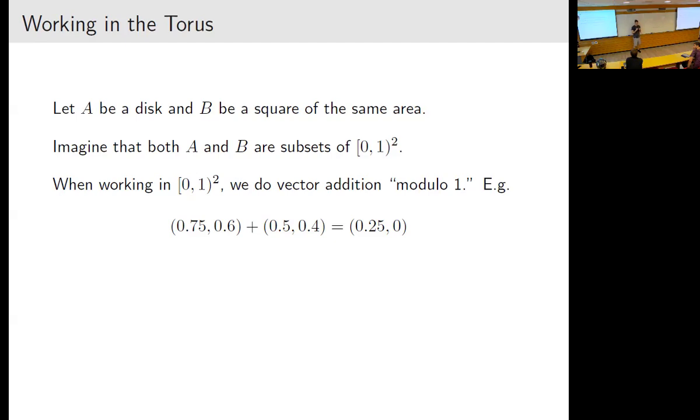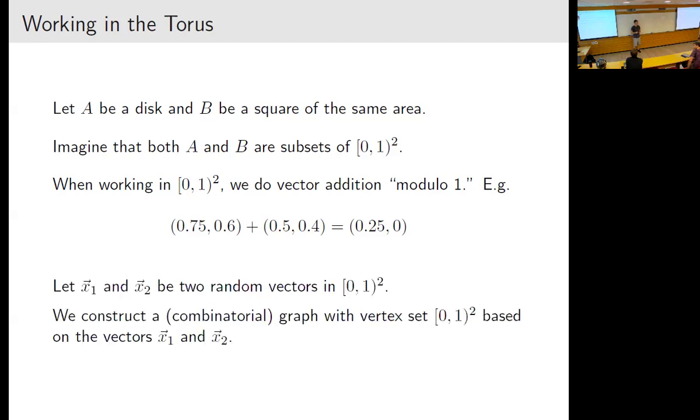So we're going to do things by translations. Here's what I'm going to do: I'm going to take two random vectors, uniformly at random, say this one and this one. The reason I'm choosing them at random is so that they don't have any weird algebraic relations between them; they're going to be quite independent.